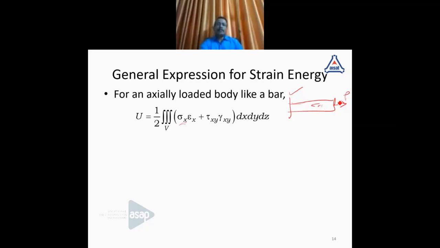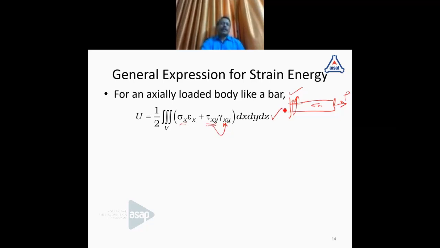At the same time, due to the load applied along the x direction, there can be a shear stress developed along the y direction, and that may lead to a shear strain. And this together can be considered.